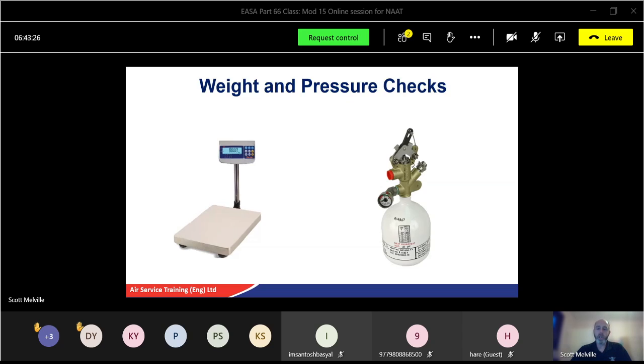Weight and pressure checks. Yeah, fully charged weight of extinguisher should be checked at a period specified. It's normally once a year, sometimes every 6 months. It depends. So many hours. Even though it's never been used, the extinguisher will be taken out and sent away to get weighed and checked over as well. And usually the cartridge units get taken off at the same time. Maintenance schedule will determine how and when you do that, and before to verify that no loss of extinguishant has occurred.